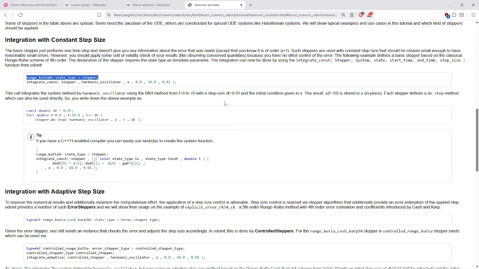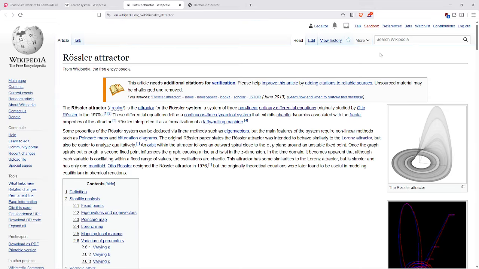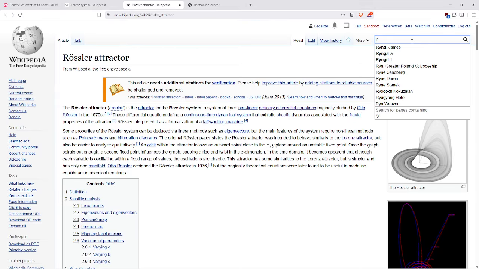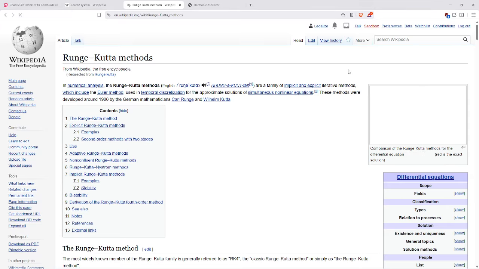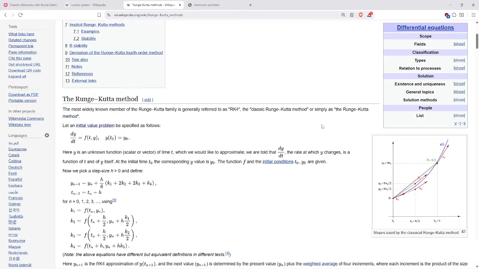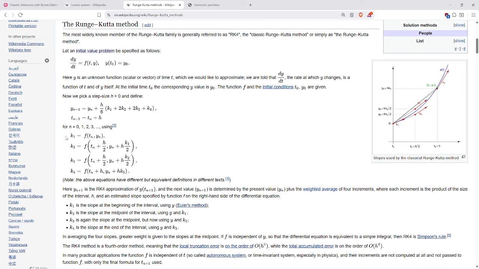Runge-Kutta is a very well-known numerical integration algorithm. The 4 is because it's fourth order Runge-Kutta. And again, you can look up these algorithms, and if we go over here to Wikipedia and type Runge-Kutta methods, we see here's the function evaluations that are taking place, and there's 4 of them.